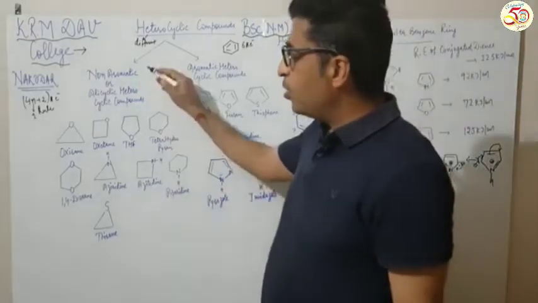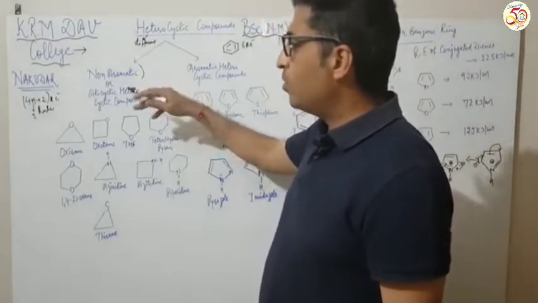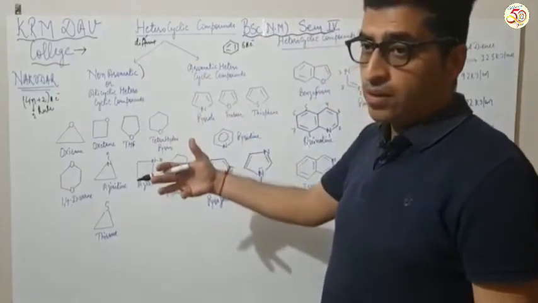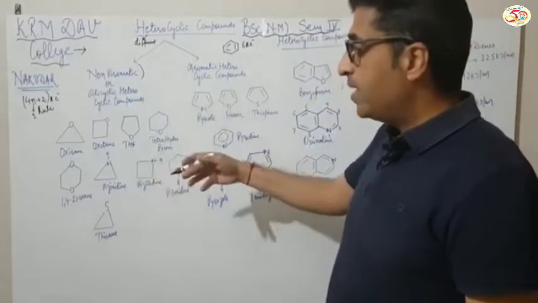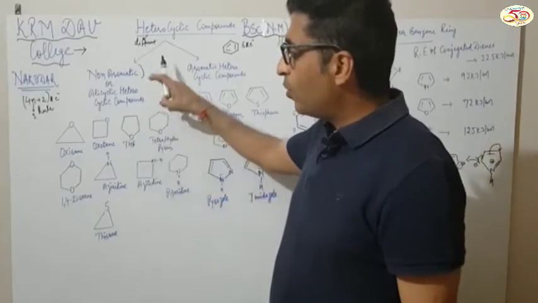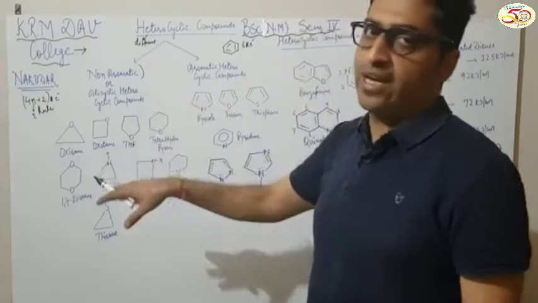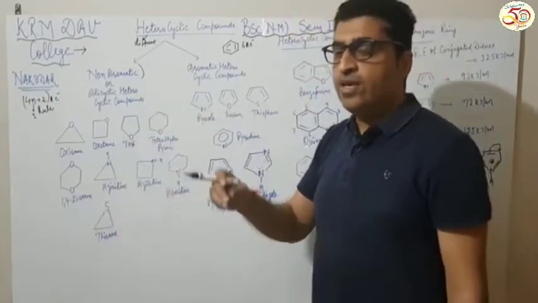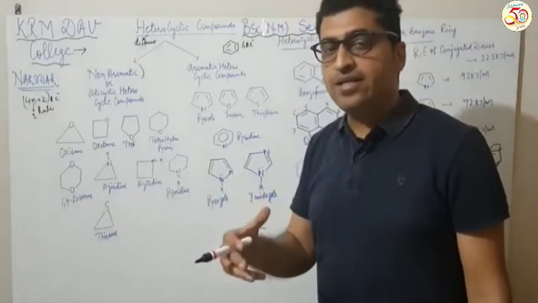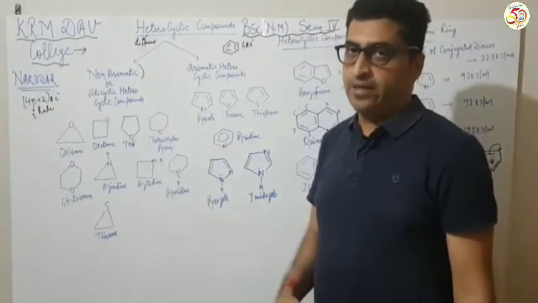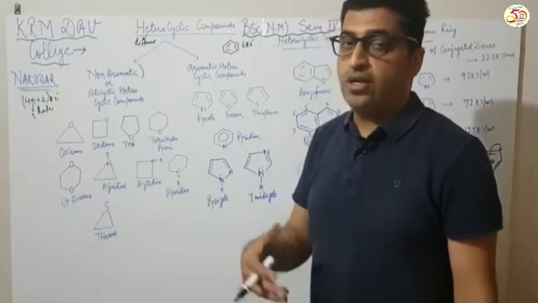Now, non-aromatic compounds are those which do not follow Huckel rule. Let me take examples of non-aromatic heterocyclics. Hetero means we have an atom other than carbon in the ring, just like oxygen, nitrogen or sulfur.